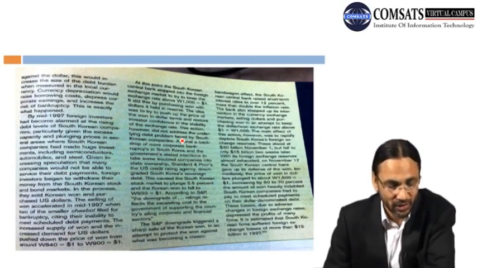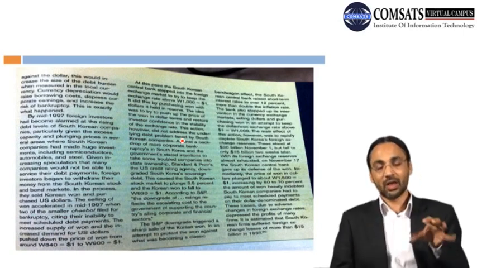The selling of won accelerated in mid-1997 when two of the smaller chaebol filed for bankruptcy, citing their inability to meet scheduled debt payment. The increased supply of won and the increased demand for the US dollar pushed down the price of won from 840 to 900.